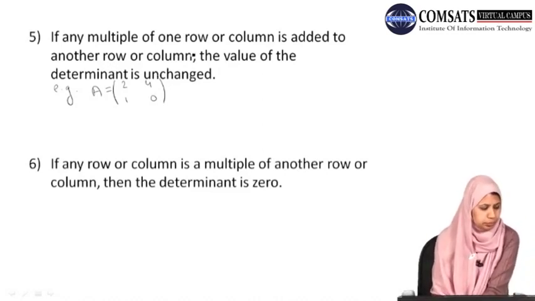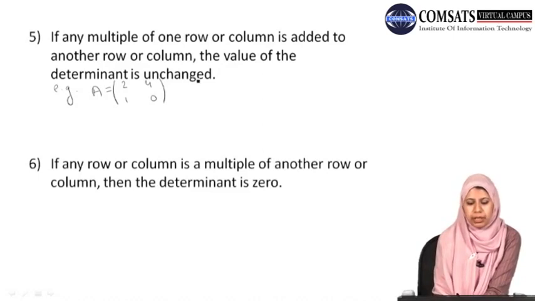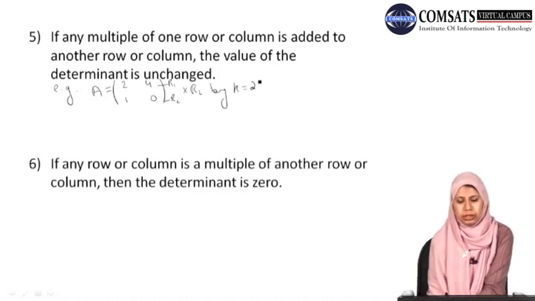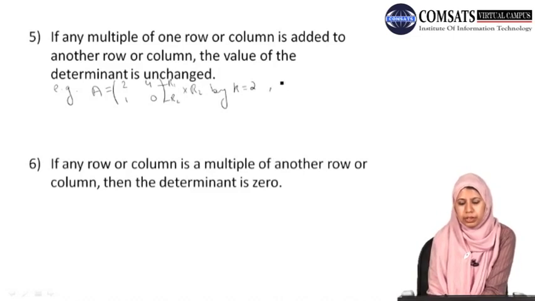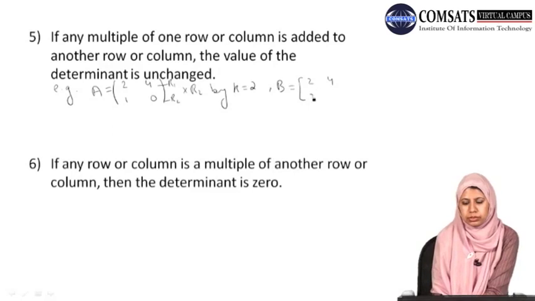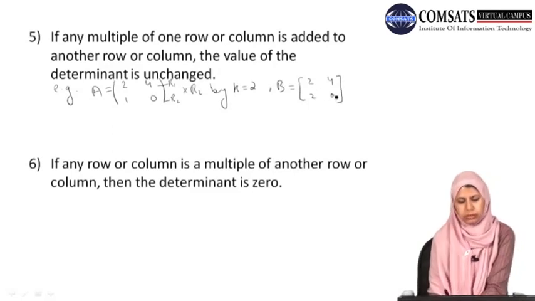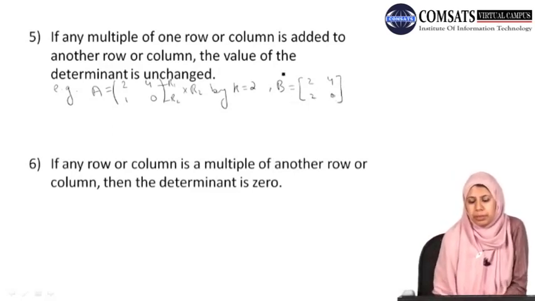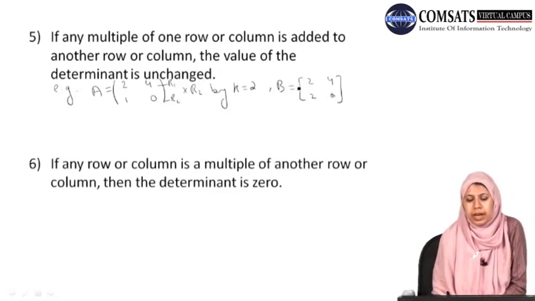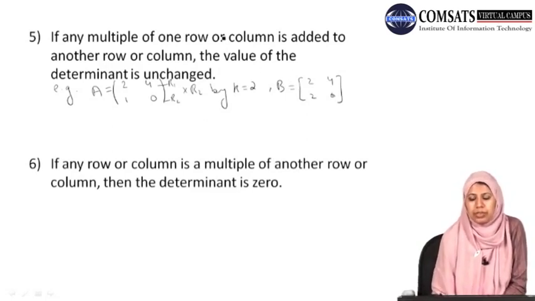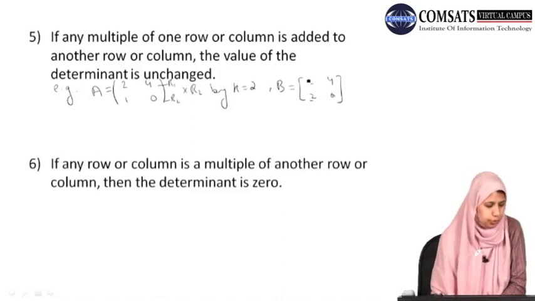For example, we multiply our row 2 by a constant k equal to 2. The matrix we obtain will be 2, 4, 2, 0. A multiple of one row is added to another row, and now we will add this row to our first row.